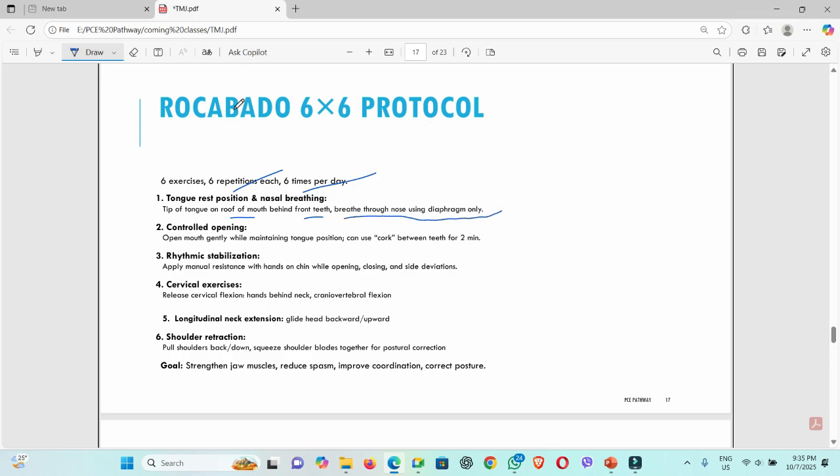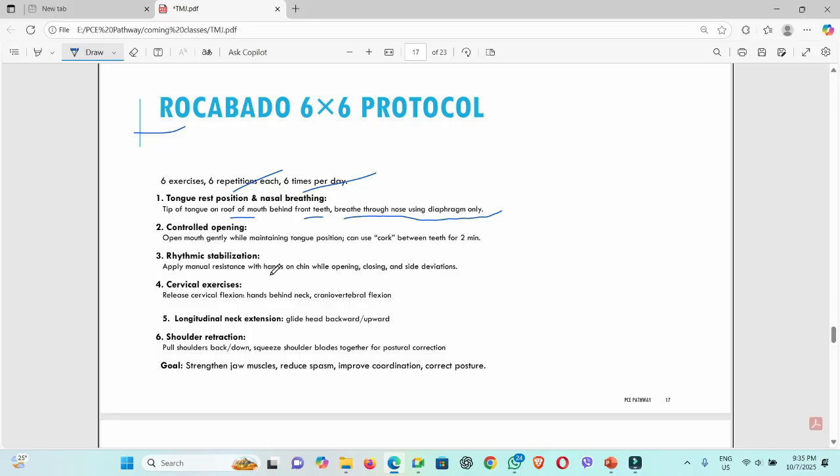So this exercise protocol is given to someone who is having TMJ problem. This is the first exercise. Second, controlled opening. Open mouth gently while maintaining tongue position. Can use cork between teeth for 2 minutes. That is controlled opening. Third, rhythmic stabilization.